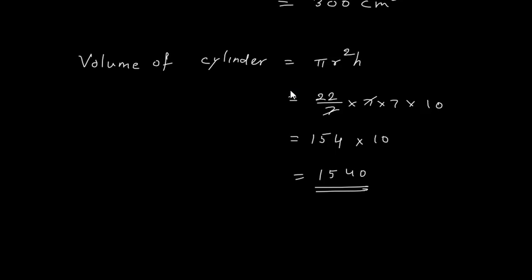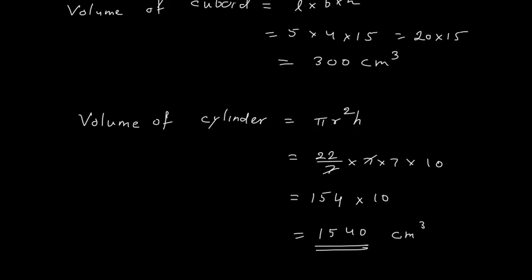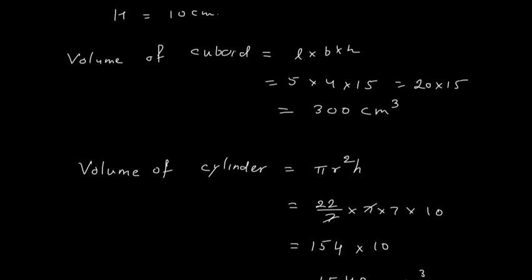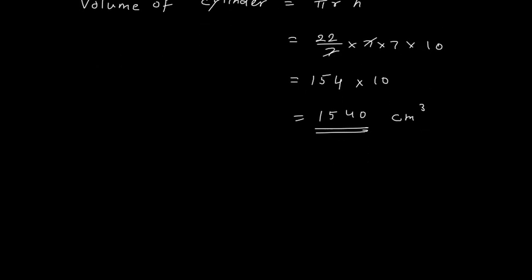So volume of cylinder is 1540 centimeter cube. So now at one place we have 300 centimeter cube, and at the other place we have 1540 centimeter cube. So obviously the volume of cylinder is more. Therefore, volume of cylinder is more.